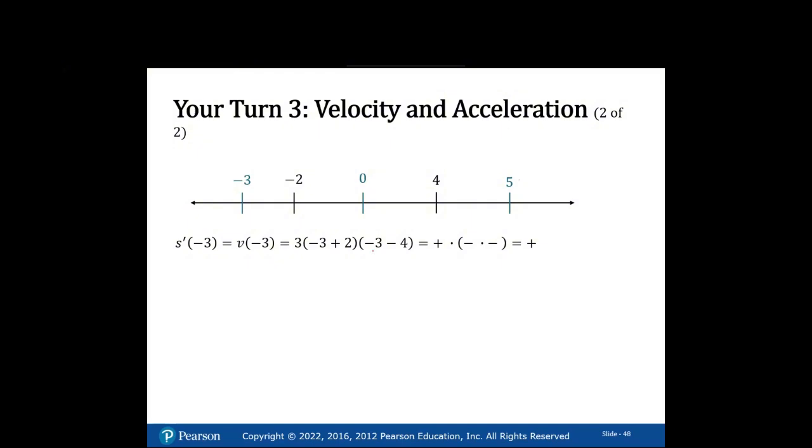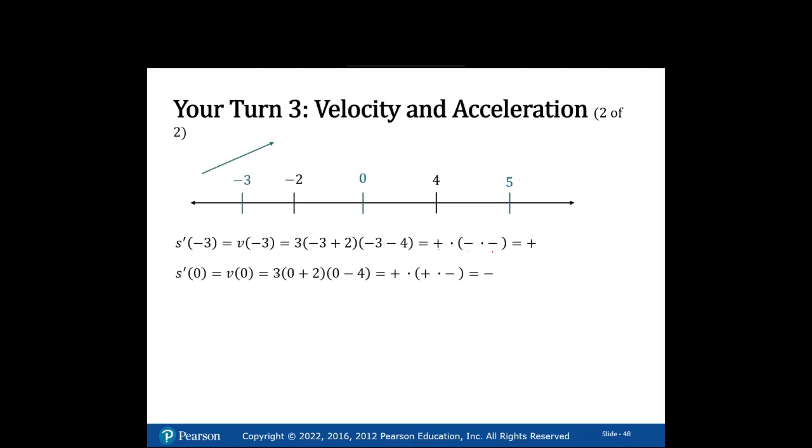Now, plugging everything into our equation here, I'm going to get a positive, negative, negative, right? 3 is positive, -1, -7. So I'm going to get a positive number. There goes my arrow. Next, plug in 0. So now when I plug in 0, we can see here that I'm getting a negative number, right?